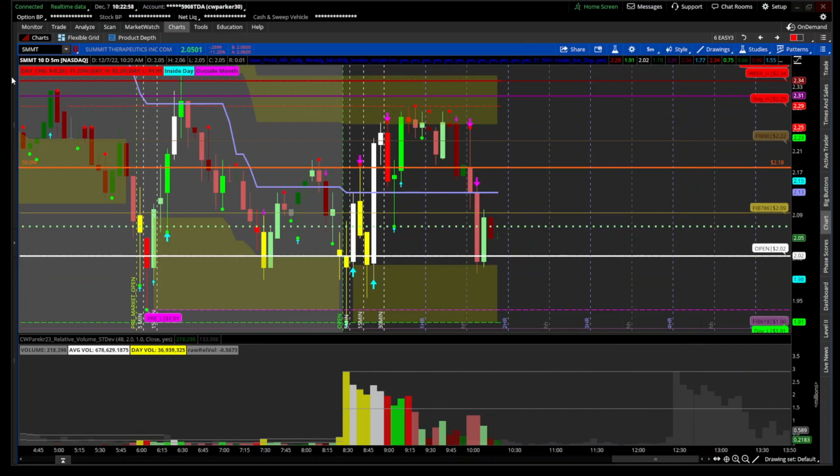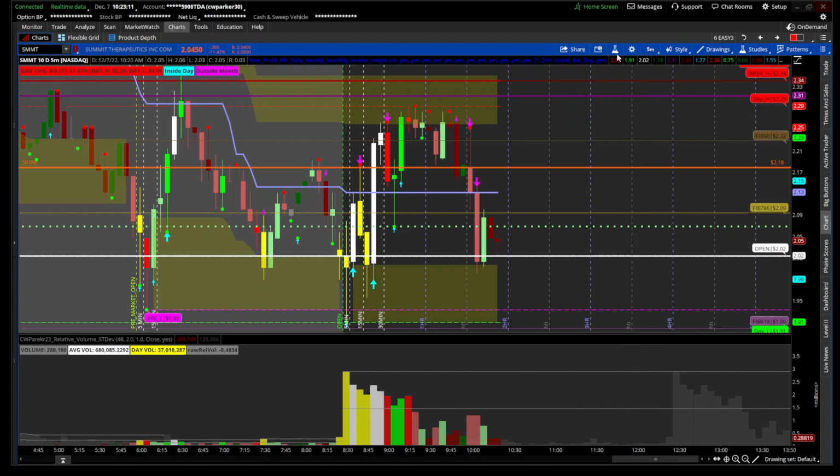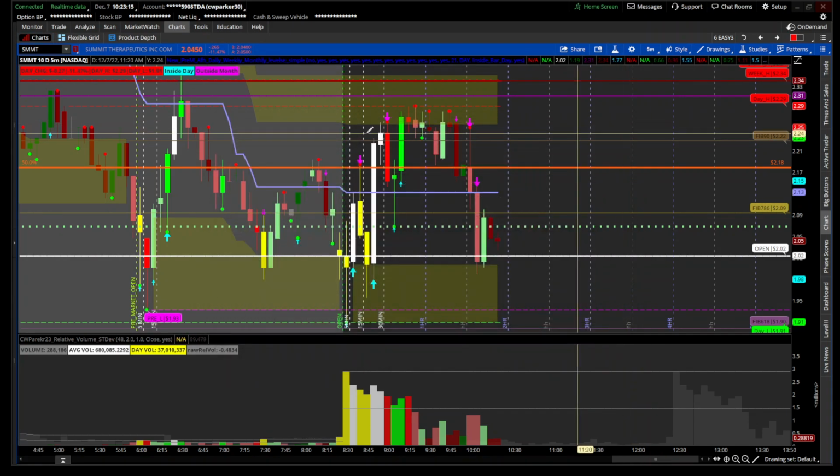So we can go inside here and scan for anything that's inside the channel as well. We can go to the scan, and let me make sure I remember the name of this indicator. So my channel average buying. Okay.